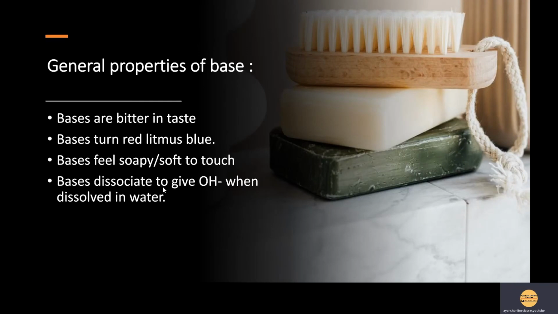Like in the introduction part we saw what bases are, for example soap and detergents. Regarding acids we took the example of lemon or orange that we have already tasted. Here the case is soap, and no one might have tasted it, but accidentally while taking a bath, if it touched your tongue, what is the taste of soap?